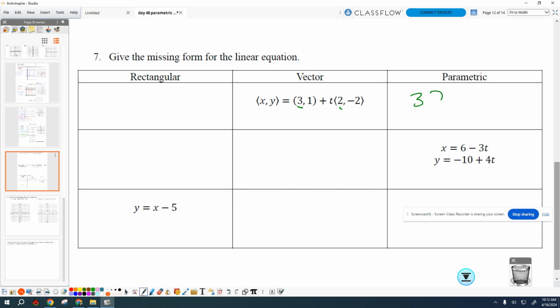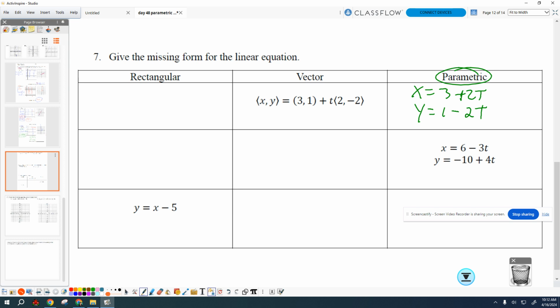I need equations, I want the parametric first. What do you have? X equals 3 plus 2t. And y equals 1 minus 2t. Do we agree with that? Yes.